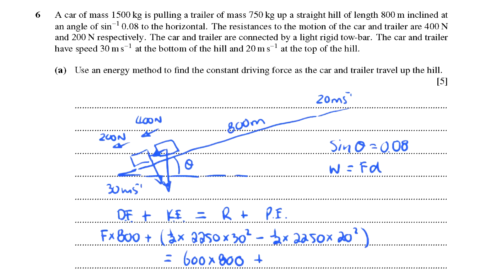The mass is the mass of, again, both objects together. So that's going to be 2250 times gravity, which is 10, times the height. The height it traveled is vertical height, of course. And that's going to be 800 sine theta. So 800 and sine theta, they told us, is 0.08. All right, there's our awesome equation.